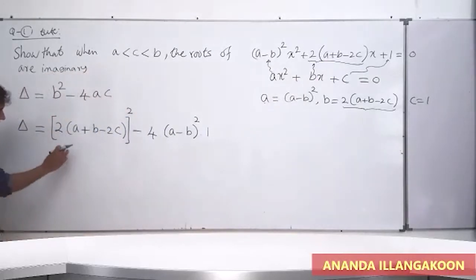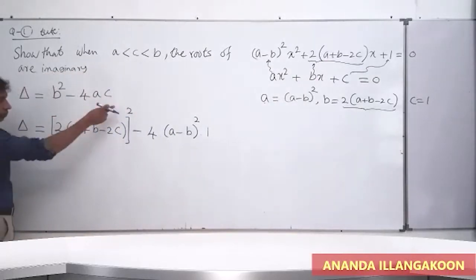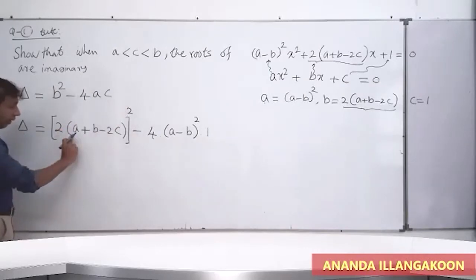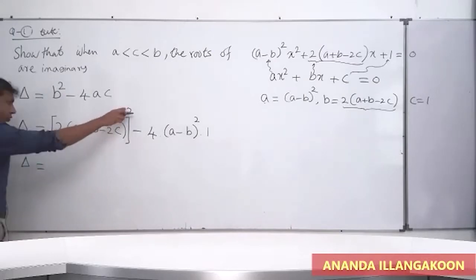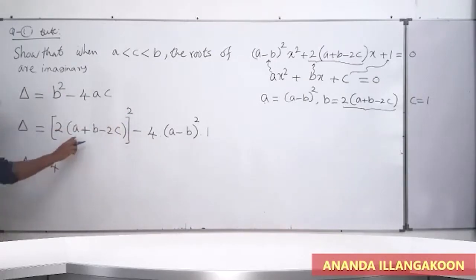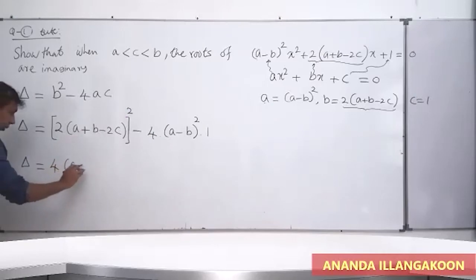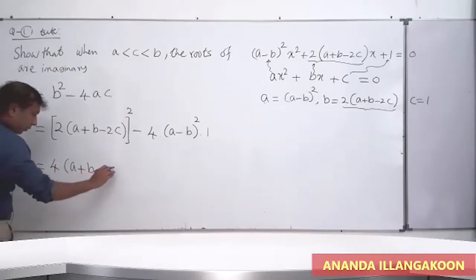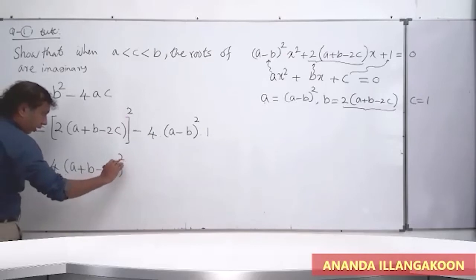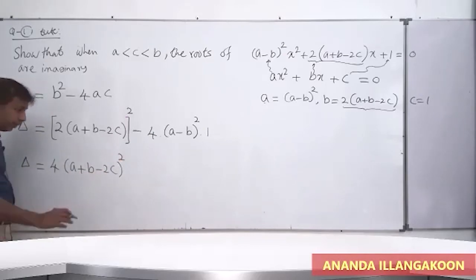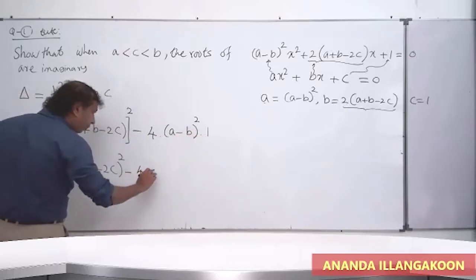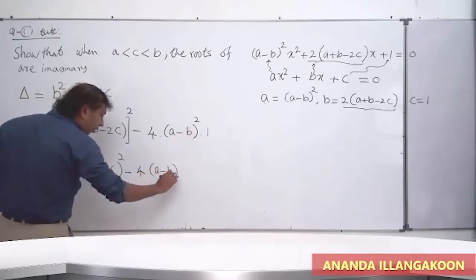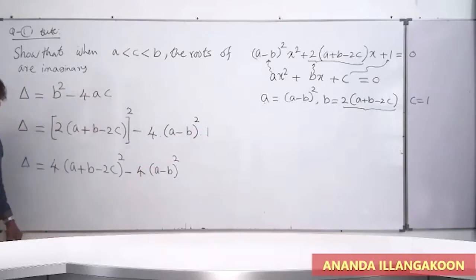Right, people. Now the square here: 2 squared is 4, and we have to square this also. Delta equals 2 squared, 4, and this one, a plus b minus 2c, perfect squared. Minus 4 into 1 is 4 times a minus b perfect squared.